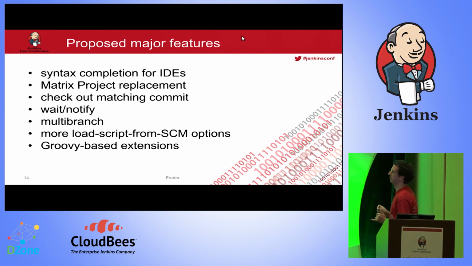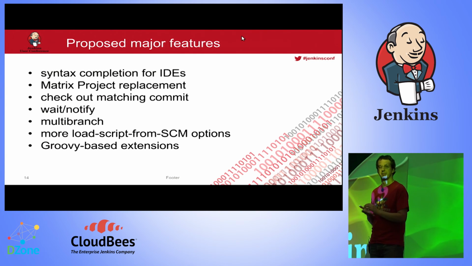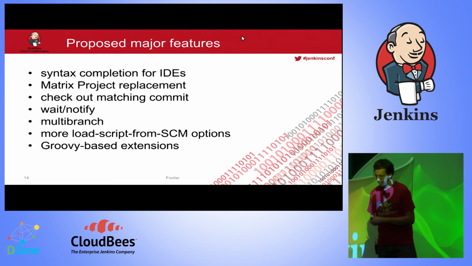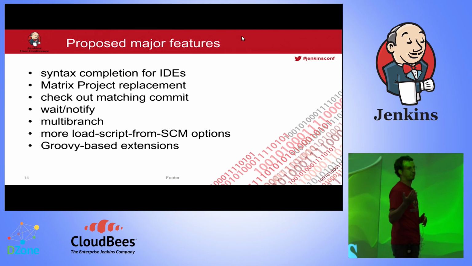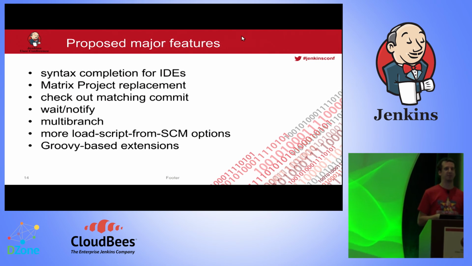I'll just mention specifically the last three are related to something Kosuke was talking about in the keynote, that we want to offer more ways of picking up the definition of the flow from a place that's convenient for you.